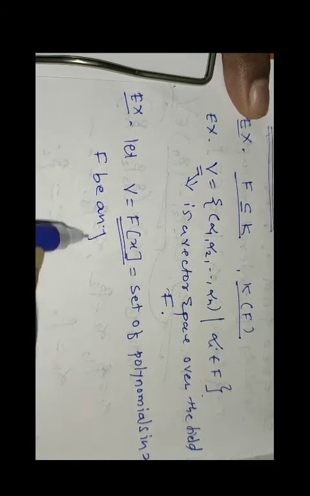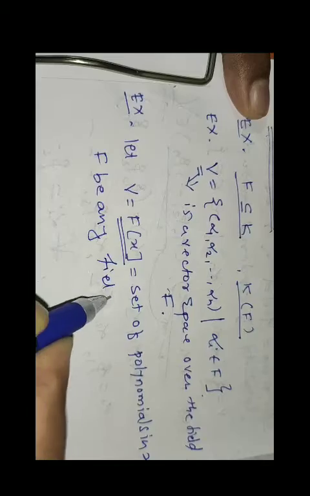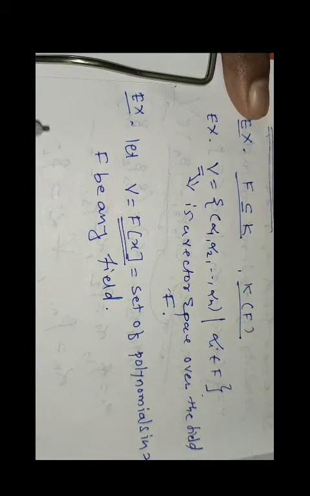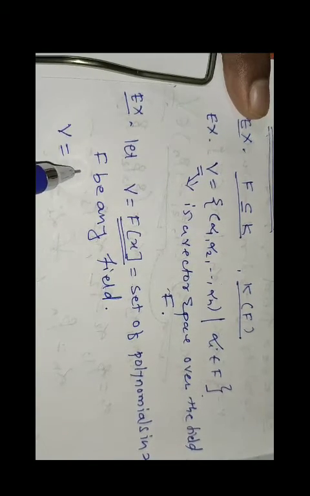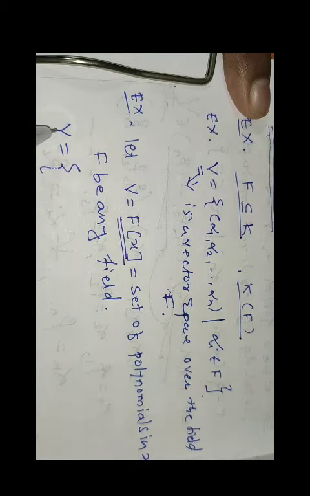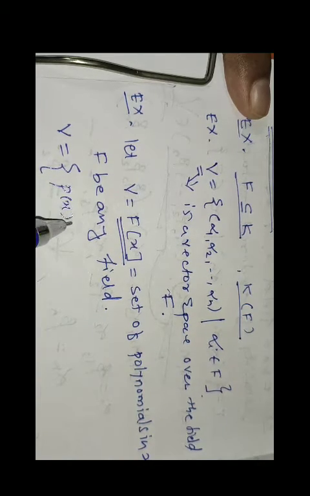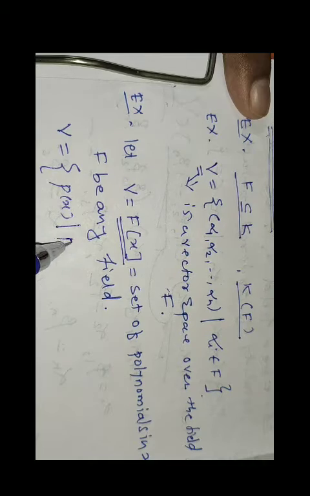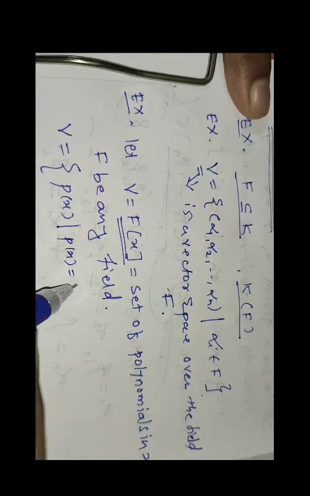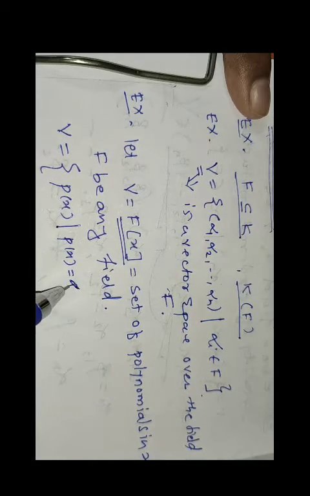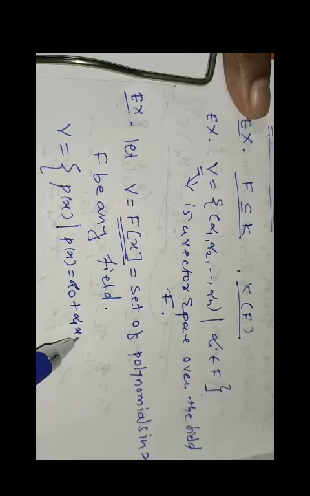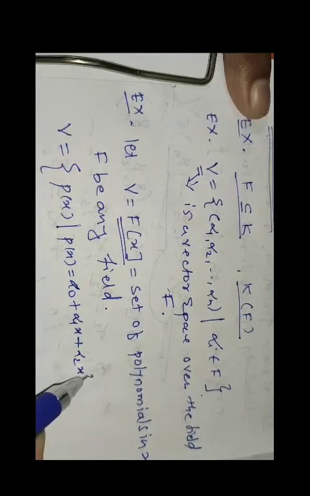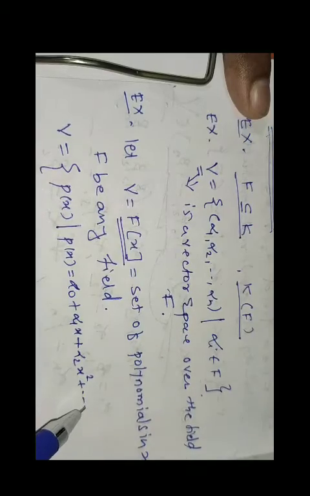Now I take the set V, the set of polynomials. That means V is the set in which there is a polynomial such that P of X is equal to alpha naught plus alpha 1 x plus alpha 2 x square, and so on.